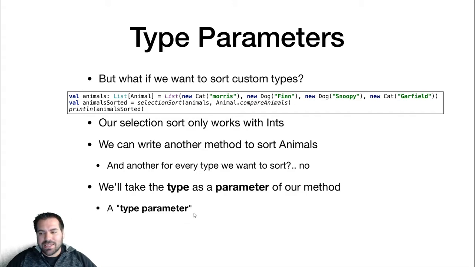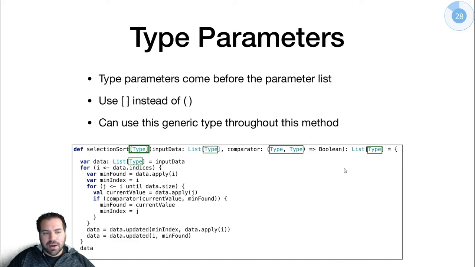We're going to specify the type when the method is called. Just like we give other arguments as values, and we have value parameters, we're also going to have type parameters which specify specific types. So we're going to rewrite our method just a little bit. Instead of just being a hard-coded int selection sort, we're going to have selection sort take a type parameter as part of its type parameter list, which comes right before the regular parameter list, but uses brackets instead of parentheses.